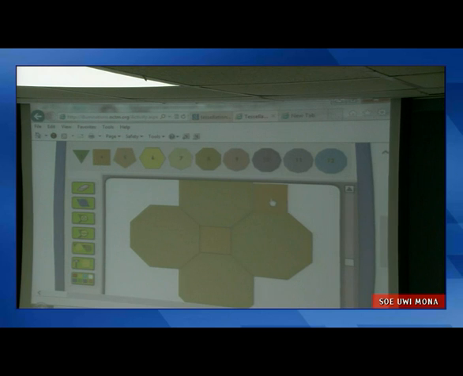Do you agree with that? Yes. For every 90, there should be two 135-degree angles. If you look on screen again, you'll see I'm moving around those two shapes to check if they fit. Will they tessellate?